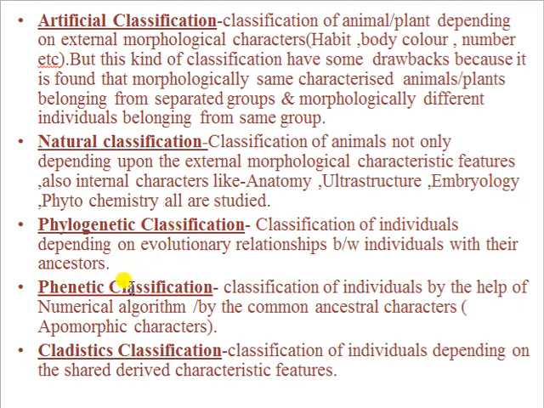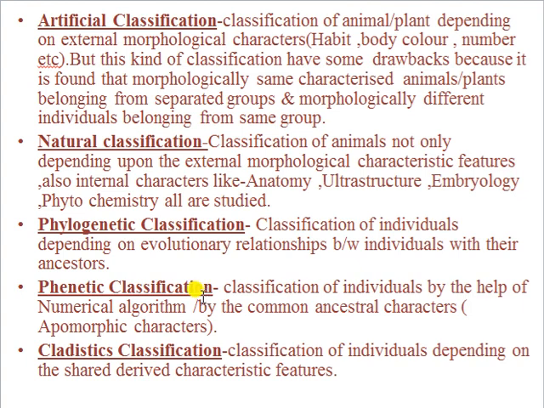Next, there is another mode of classification known as the phenetic classification system. Phenetic classification is another kind of classification where we take the help of a numerical algorithm, or we classify organisms by considering common ancestral characteristic features. Again I am repeating, phenetic classification is a classification mechanism where we take help of a numerical algorithm, or consider common ancestral characteristic features to classify the organisms.